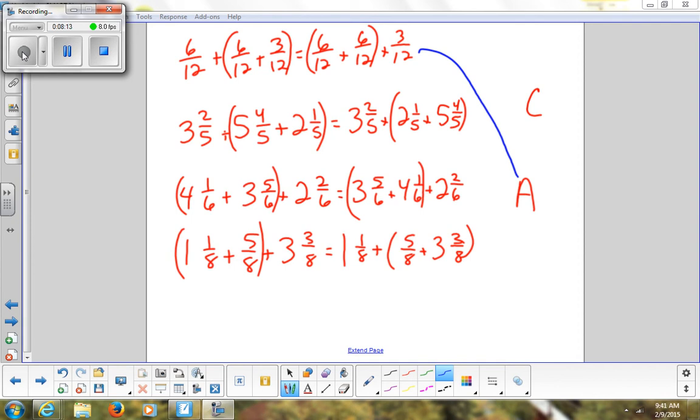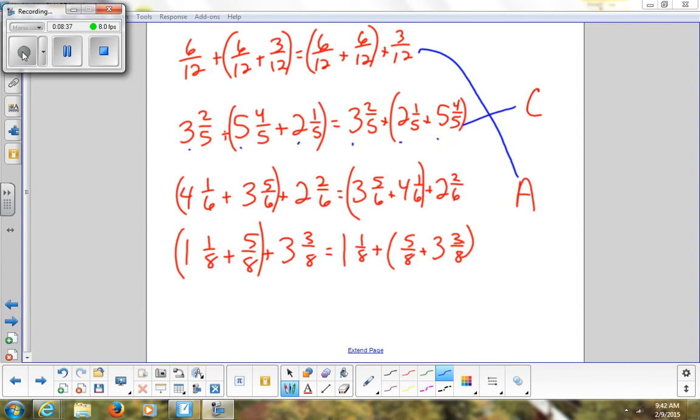Okay, how about this one right here? Levi. Commutative. Why? Commutative because it's 352 and then the other one is 325. All right, so the order changed, right? We have 3, 5, 2, 3, 2, 5.